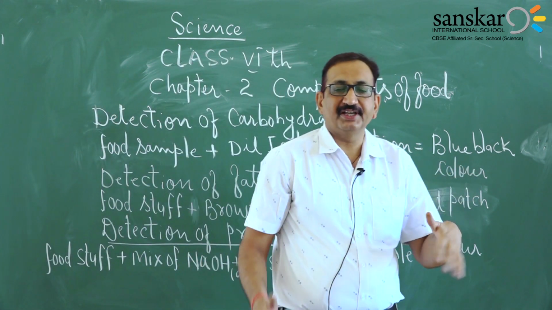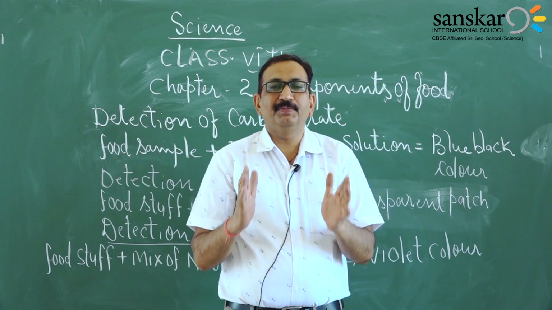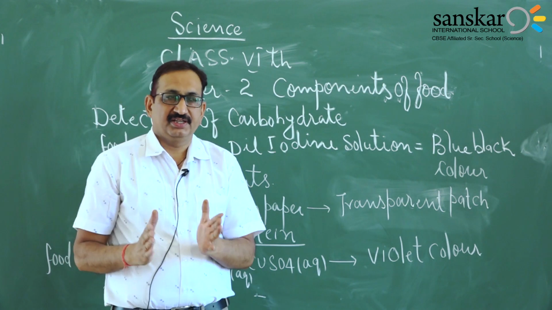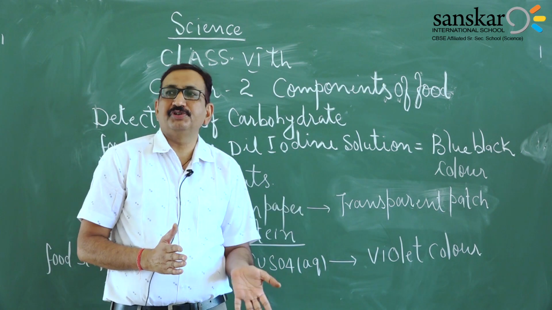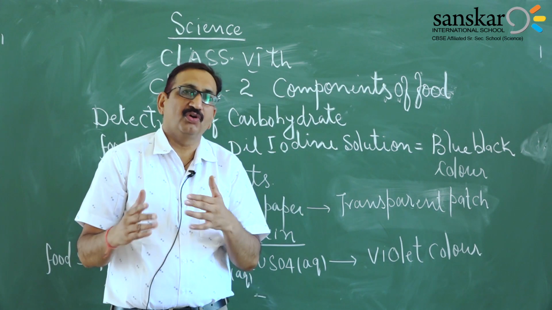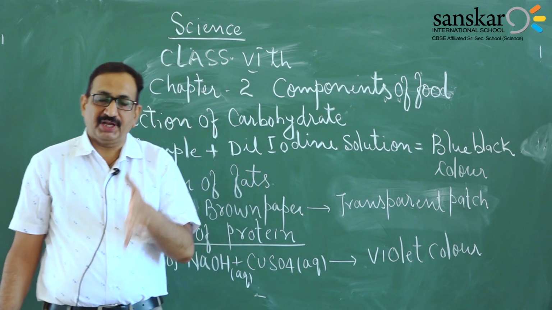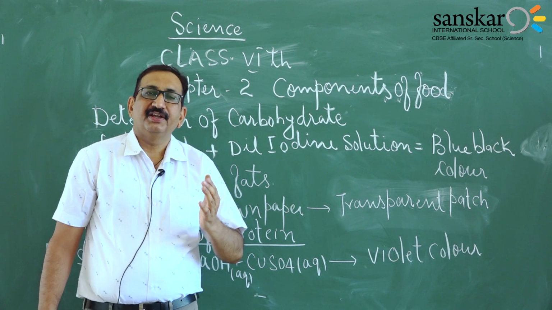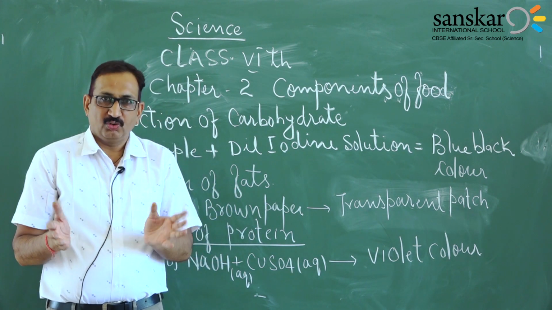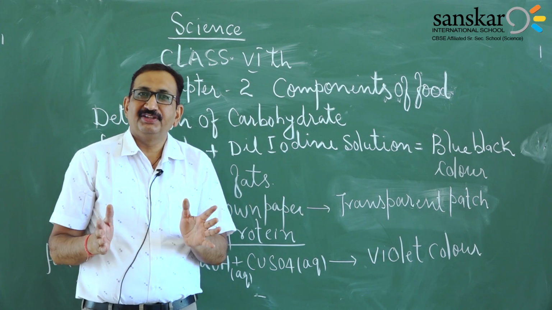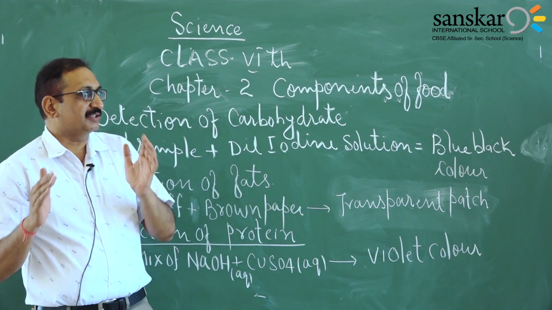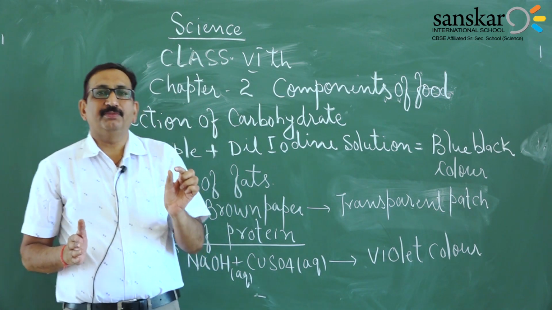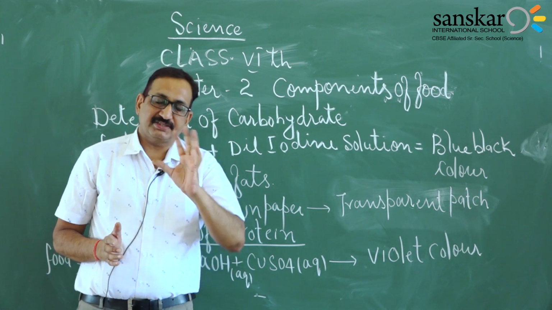So students, once again I am repeating, whatever the food item that you want to test, whether the given food sample contains fats or not, for that you can take a white paper or a brown paper. On that, you have to put a little bit of that food sample at the center.